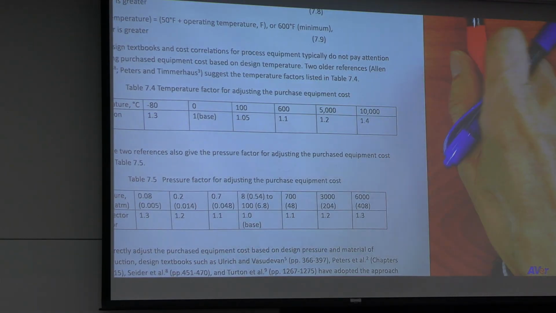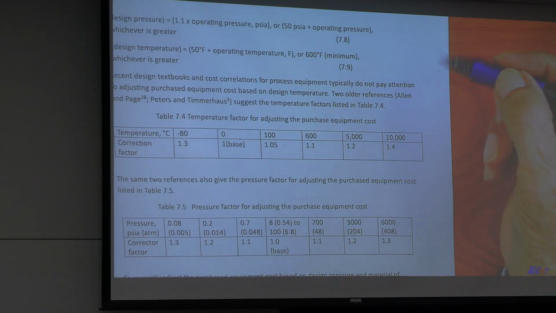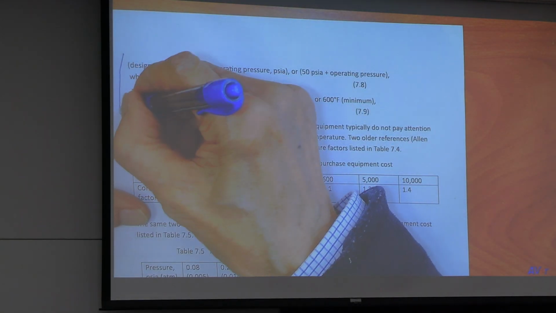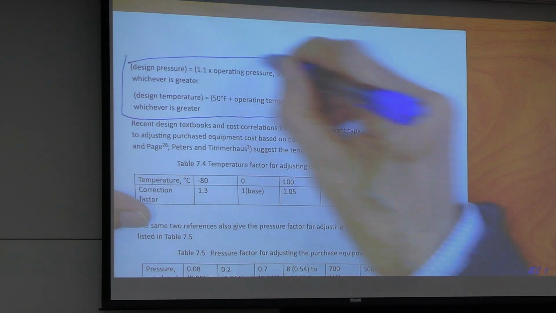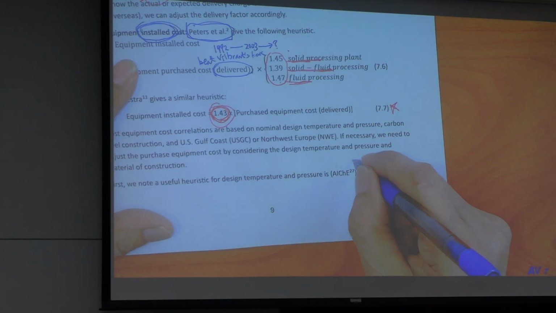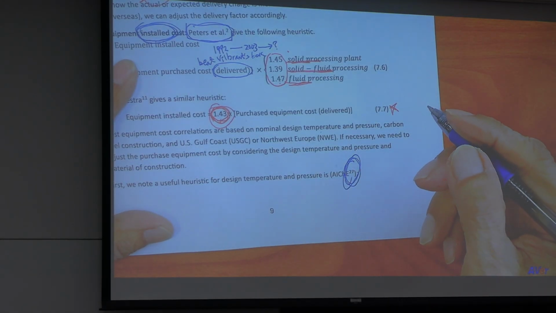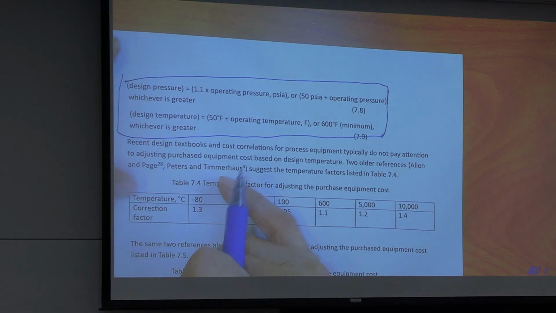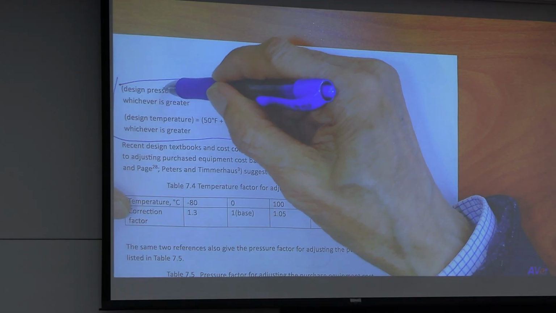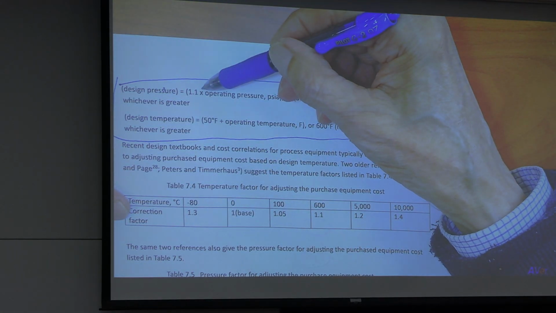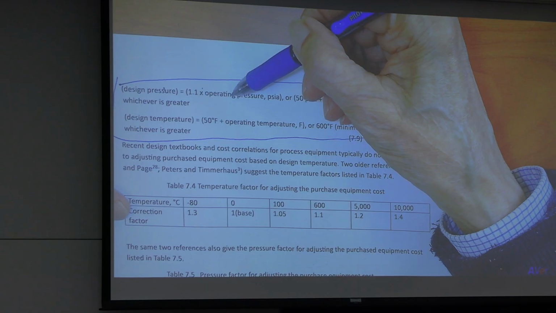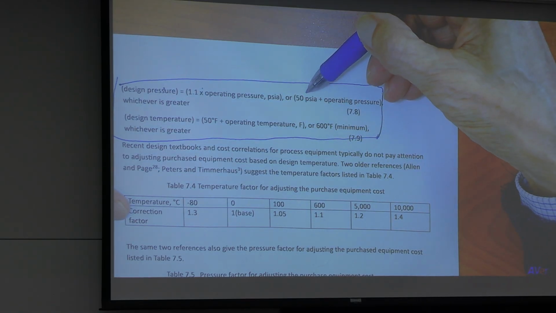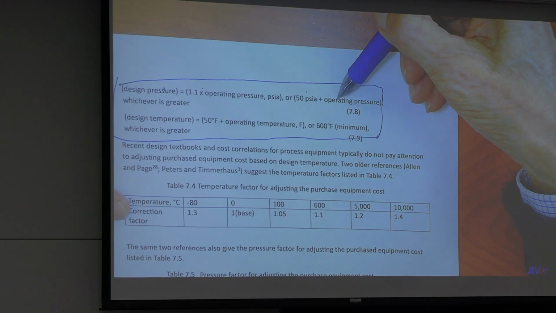All right, page 10. Now, this cost correlation came from reference 27, AIChE chip design competition. Design pressure is 1.1 times operating pressure, or 50 psi plus operating pressure.